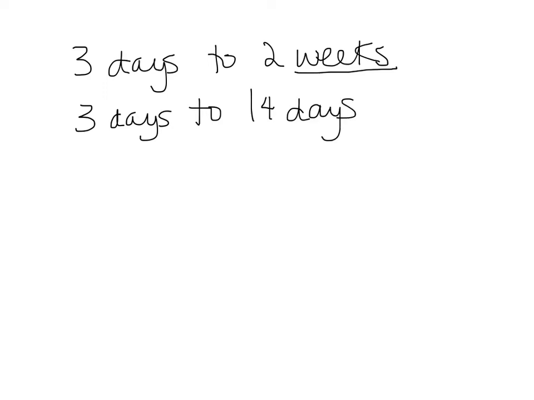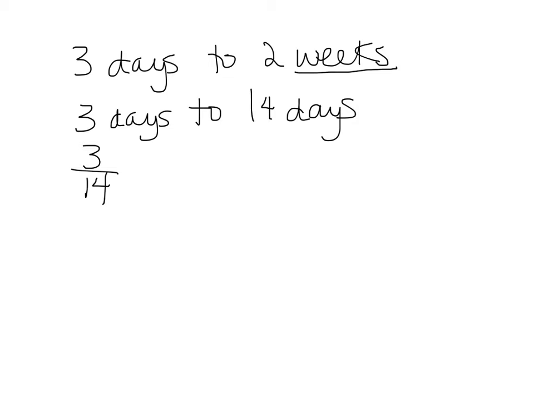Something that comes up in ratios is that sometimes things aren't in the same unit. If I say 3 days to 2 weeks, before I can even simplify, I have to put them in the same denomination. Since weeks is made up of days, I change this to 3 days to 14 days, because 2 weeks is 14 days, so I would say 3 to 14.